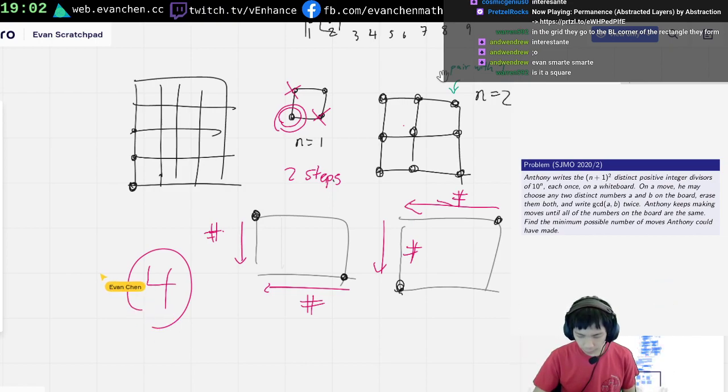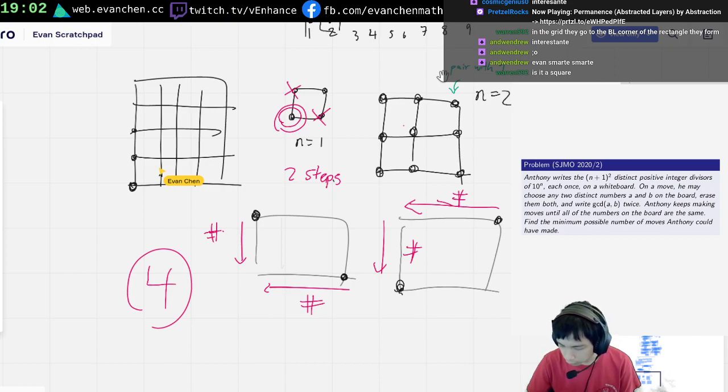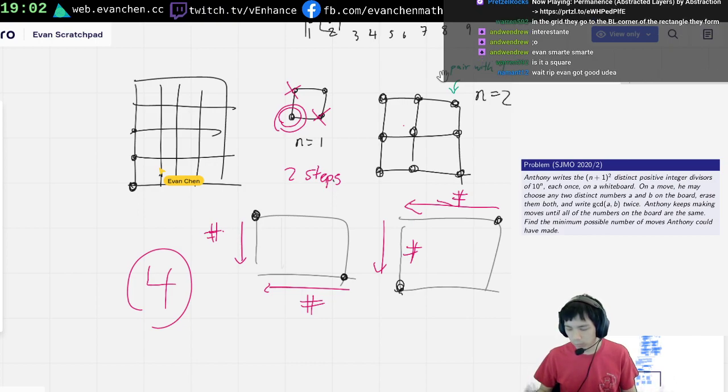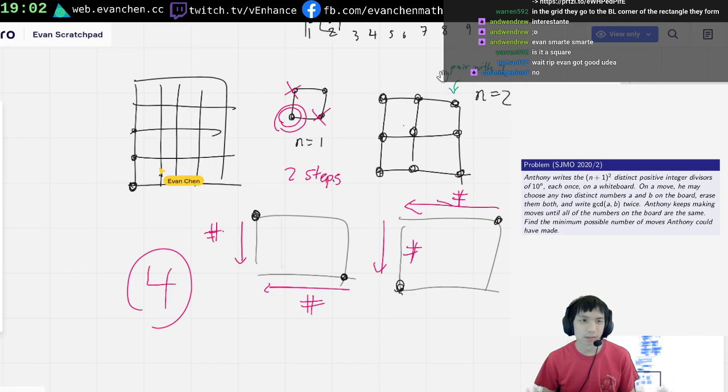Now the total number of spaces that need to be moved is like 1, 1, 2, 2, 2, 3, 3, 4. What does the average come to? I have no idea. As long as I can achieve equality, I don't actually care what the average is. It's just, can I on every turn make sure I'm always moving 4 spaces? And isn't the answer yes, just because I can keep pairing it with... No, that's not true.